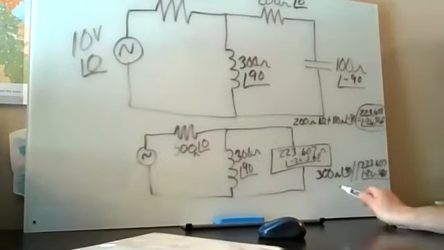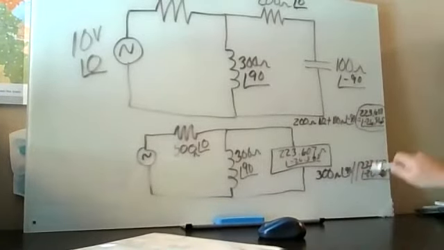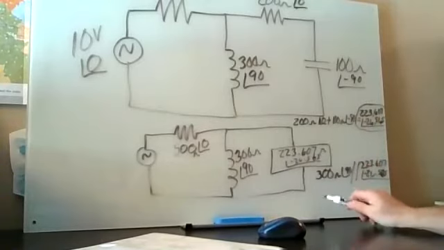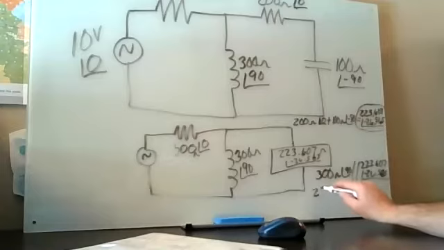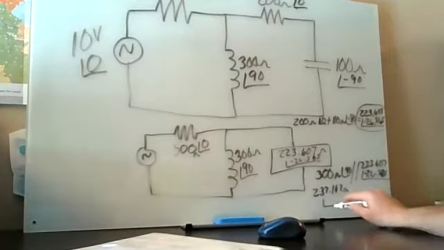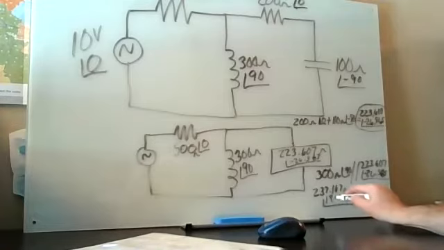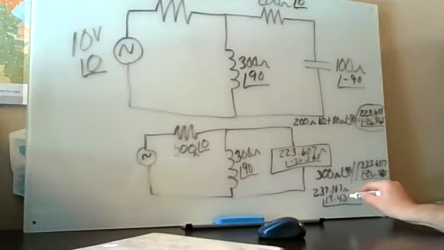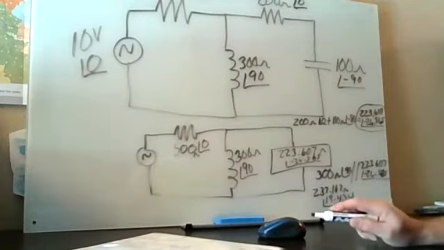And when I punch that in my calculator, making sure I put everything in parentheses before I push shift reciprocal, I get 237.167 ohms at an angle of 18.434.